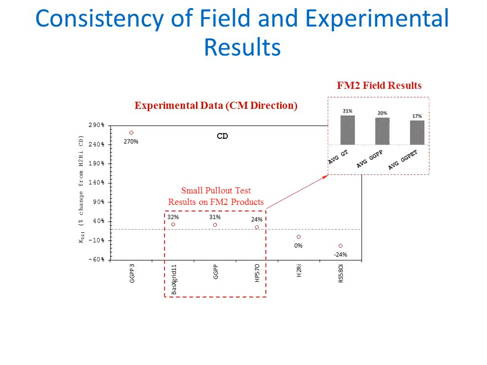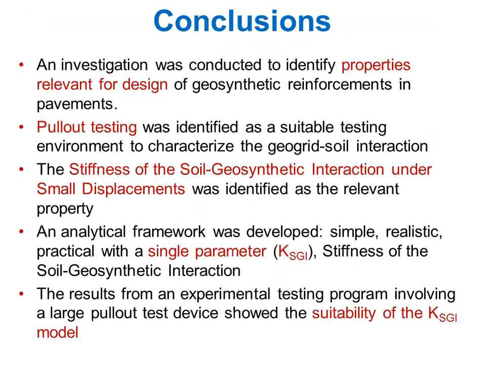All right. So to conclude, I'm going to say the following. An investigation was conducted to identify properties that may be relevant for design. Pullout testing was identified as a potential equipment or framework to obtain this property.